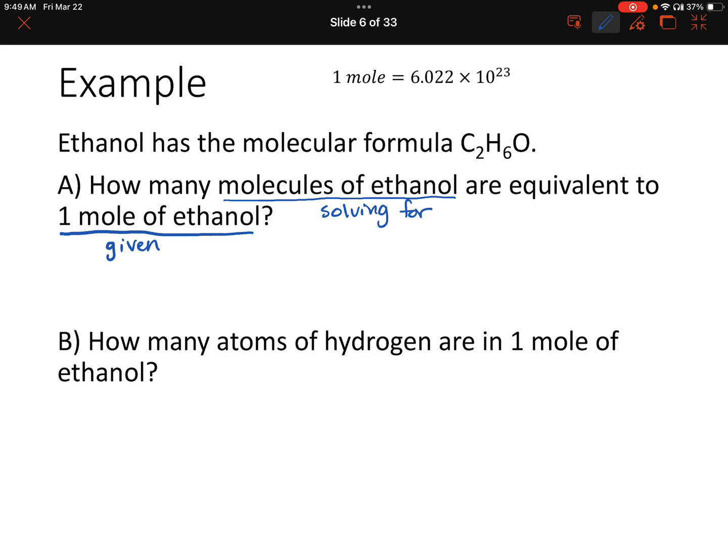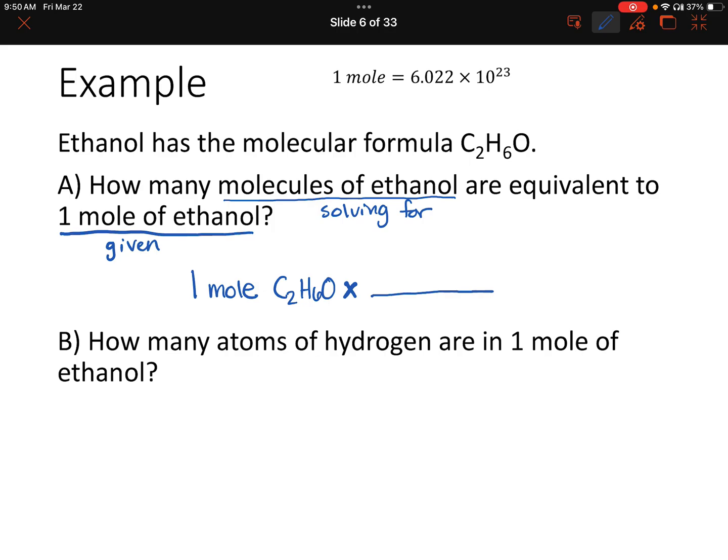So I'm going to start with what I'm given, 1 mole of C2H6O, which is the formula for ethanol. Then we multiply that by our conversion factor. Again, we put what we're solving for on top, so molecules of ethanol.